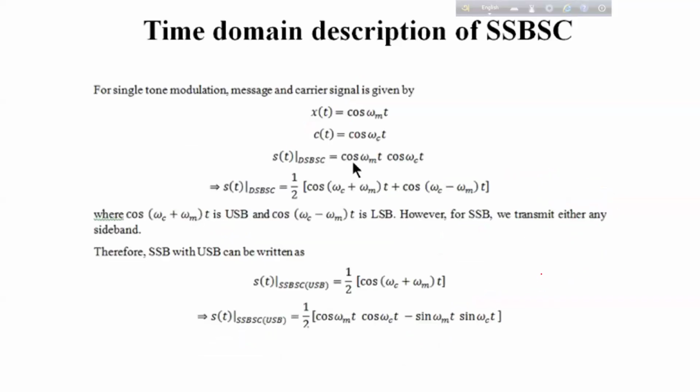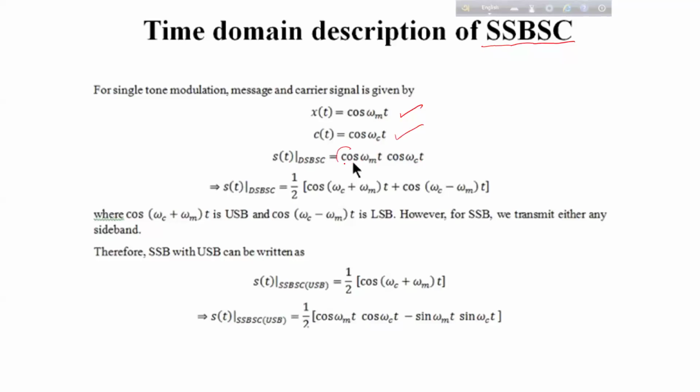Now, how can we do single sideband suppressed carrier? Single sideband suppressed carrier means we are doing modulation without the carrier. This is our message signal cos omega mt. This is our carrier signal cos omega ct. Now, if you do modulation, it is cos omega mt into cos omega ct.